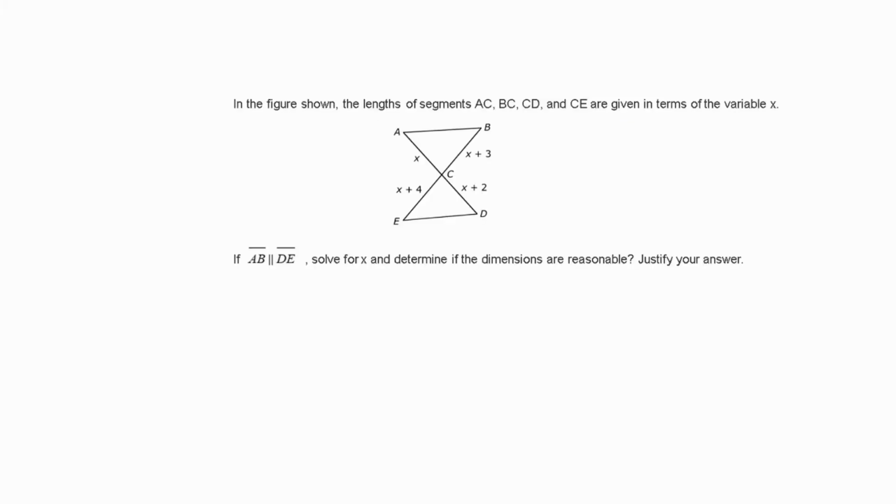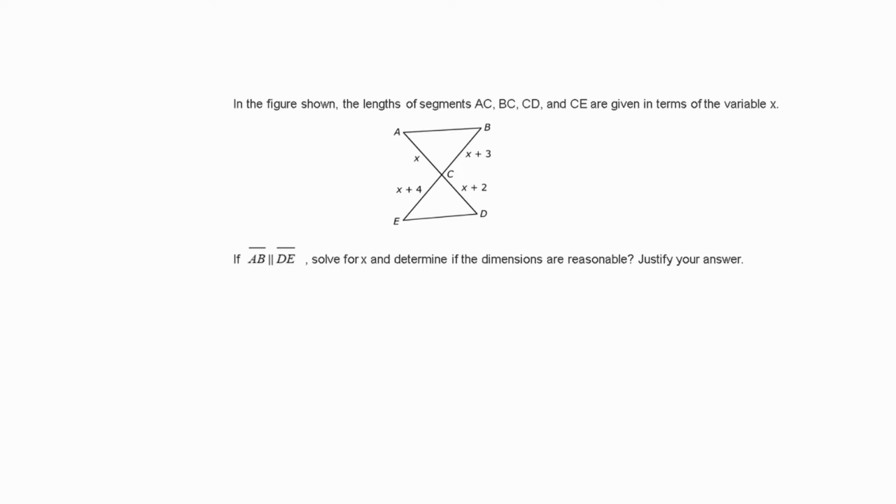Next up, it says in the figure shown, the lengths of the segments AC, BC, CD, and CE are given in terms of the variable x. If AB is parallel to DE, solve for x and determine if the dimensions are reasonable.